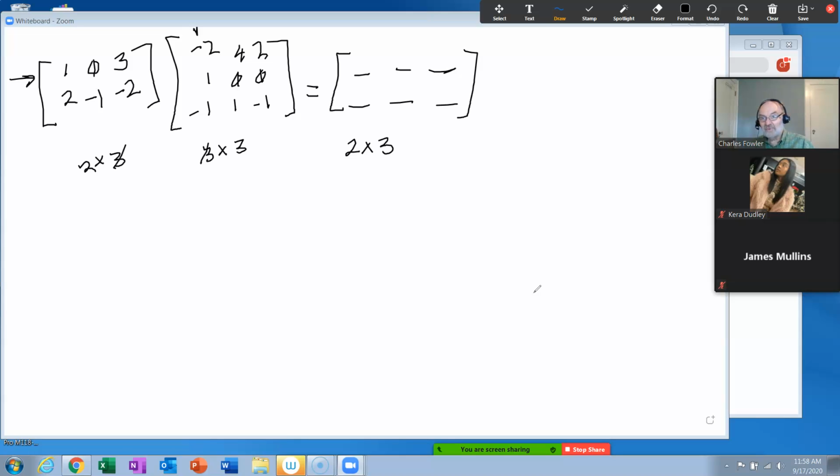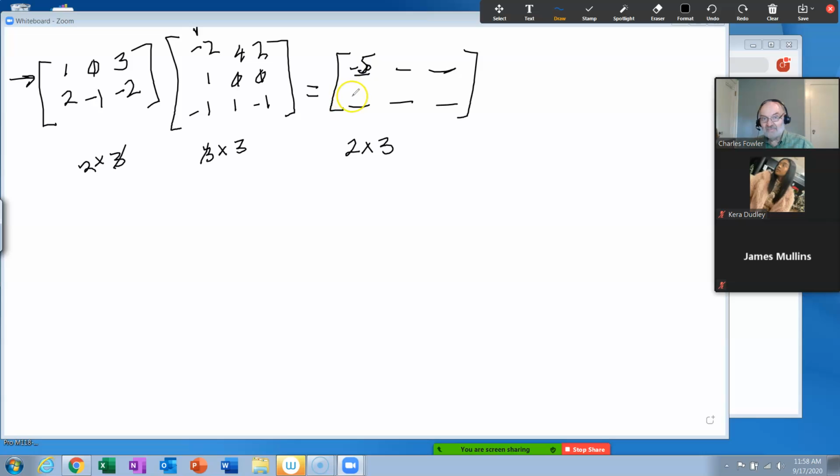All right, so let's do it. First row by first column. 1 times -2 is -2 plus 0, minus 3. So that's going to give us a -5. Agreed?